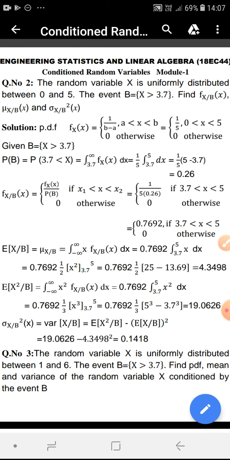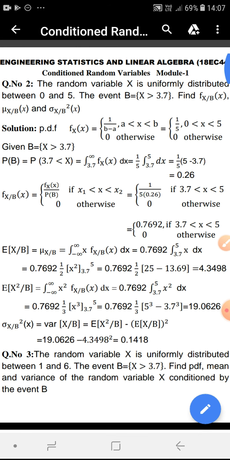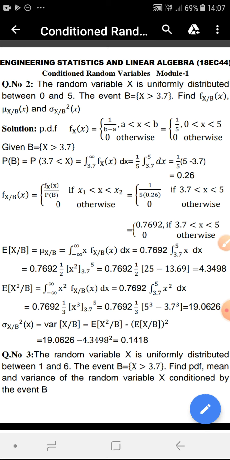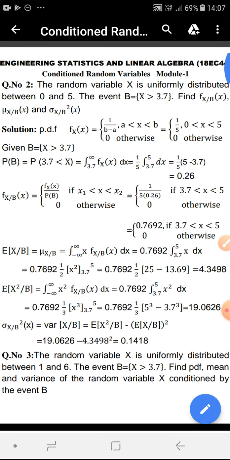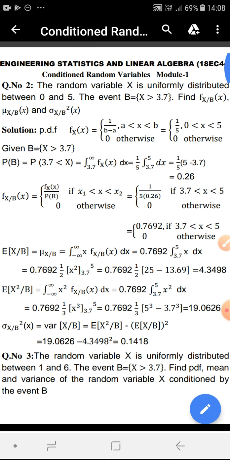Expectation of the squares, or mean of the squares, is not asked in the question, but we shall calculate it, so that by using the expectation of x and the expectation of the squares conditioned by B, it becomes easy to calculate the variance of x conditioned by B. So E of x square given B is the integral from minus infinity to plus infinity of x square times the conditional PDF f of x given B of x dx.